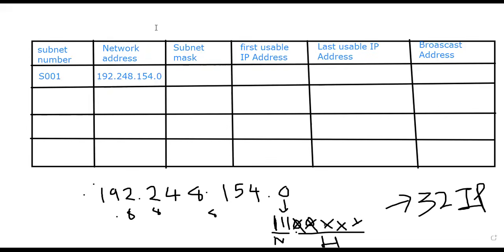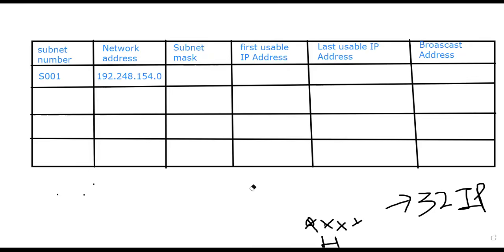Now after that, I told you that each subnet contains how many IP addresses? 32 IP addresses are there. So let me erase this stuff and explain that.